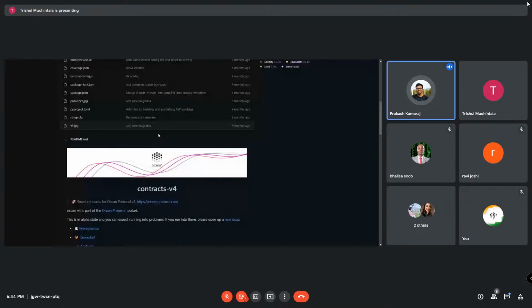So this session we are giving the Etherscan API challenge a spin. Right now we are just trying to run through some basics before a few more members join and we can do some live hacking. Trishul is just going to give a basic understanding of the V4 marketplace. Marisa, if you're aware, the current data token marketplace runs on V3 contracts.